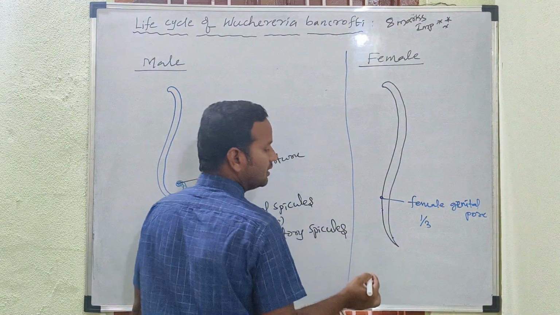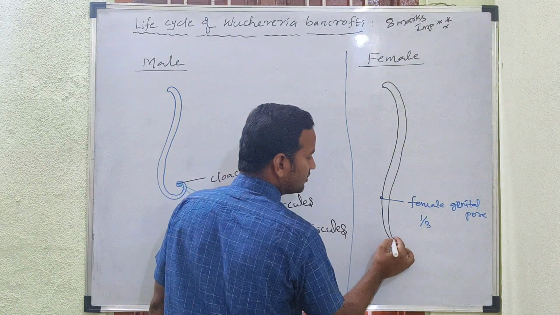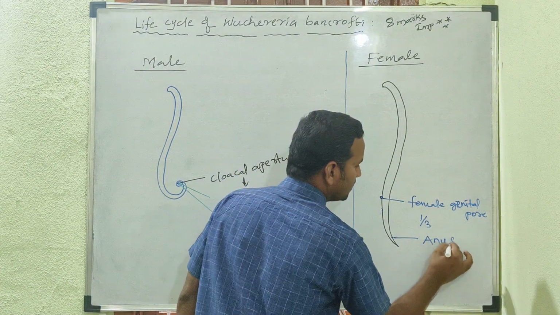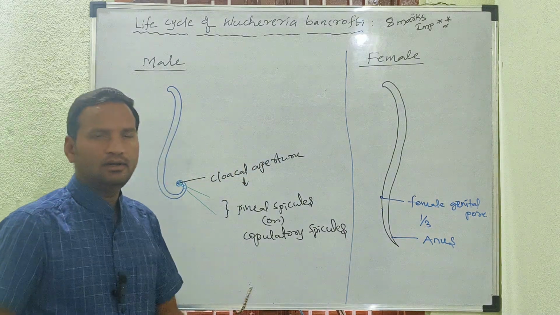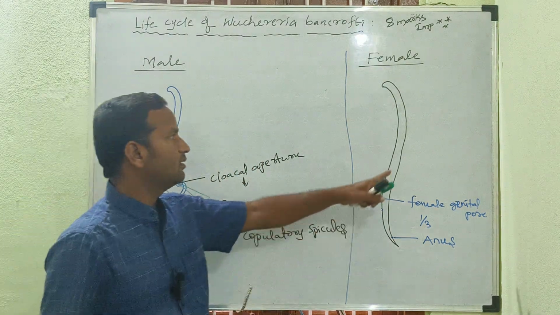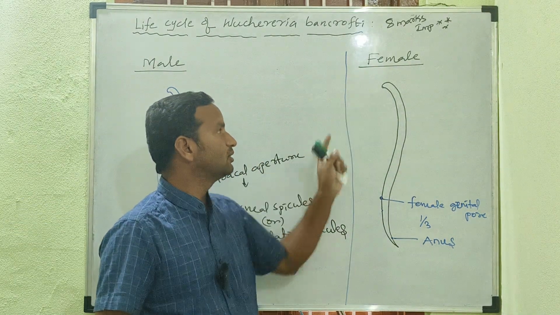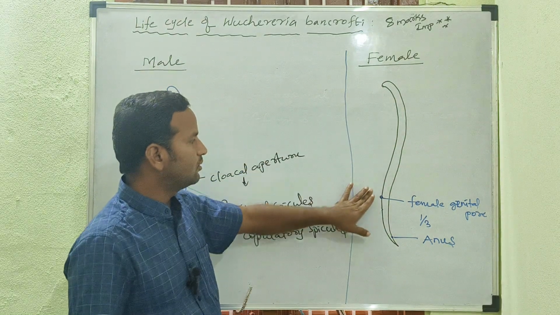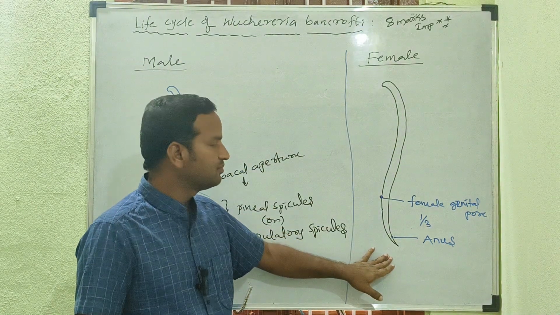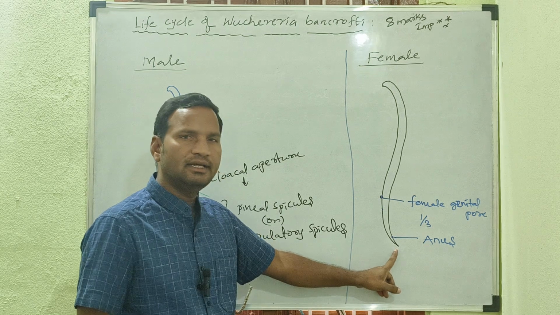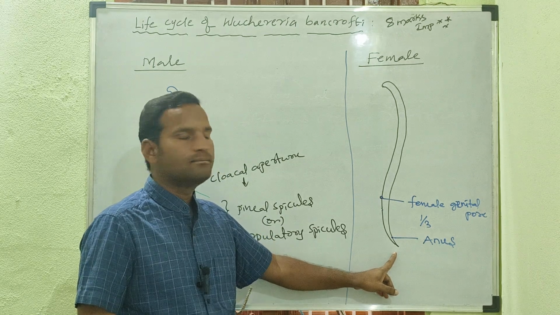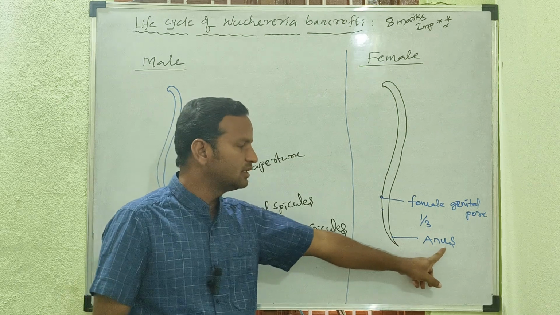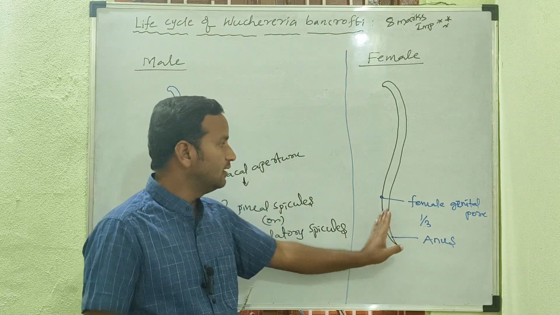Then near the posterior end, which possesses a small aperture, is called the anus. Once again about the female organism: it is also elongated, the posterior end is pointed, and near the posterior end a small aperture is called the anus.